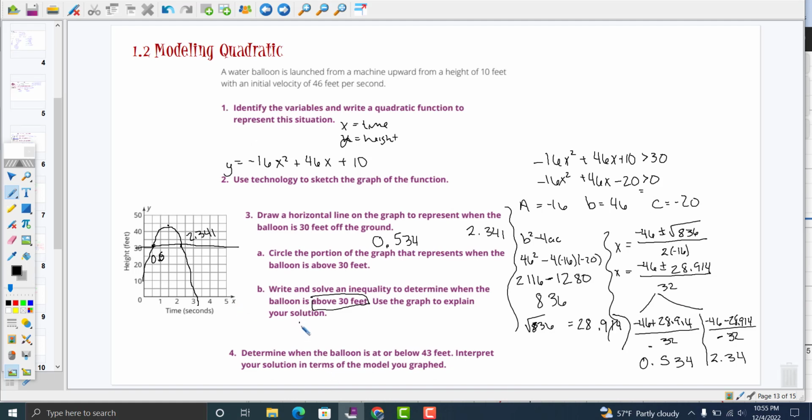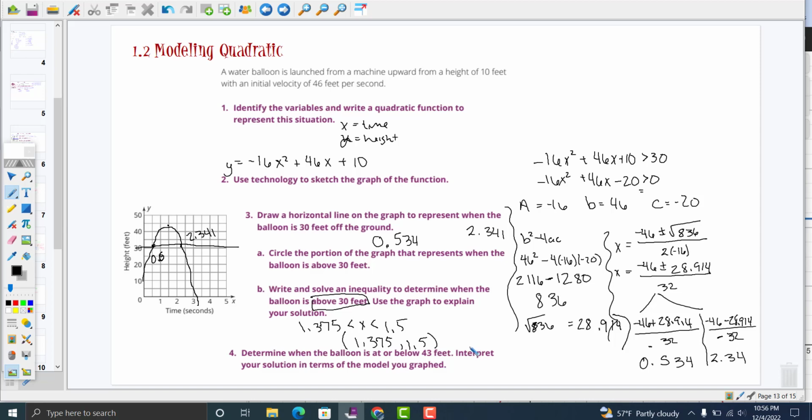And it says above 30 feet. So that means I need to be above it. So I'd be including those, but it's not going to be those exact. And so that's the inequality. If we're writing an inequality symbol, or if we wrote it in interval notation, it would be the 1.375, comma 1.5.